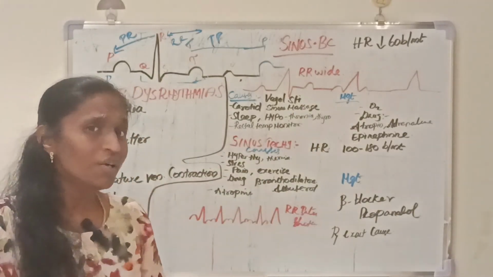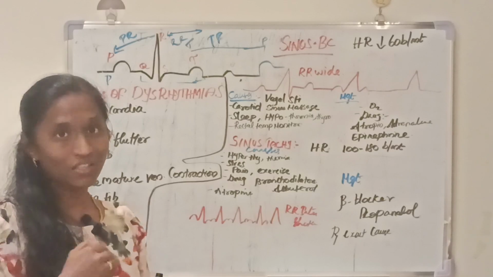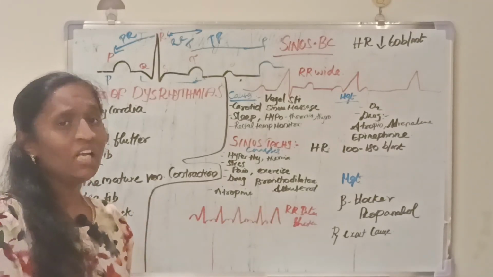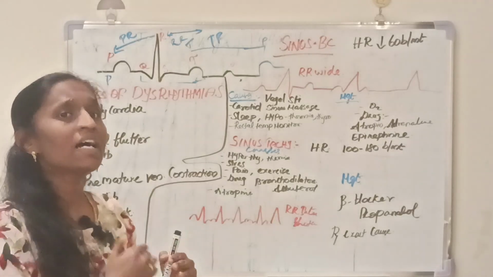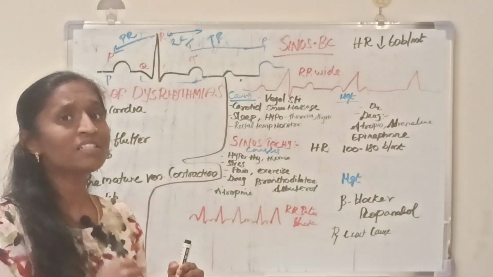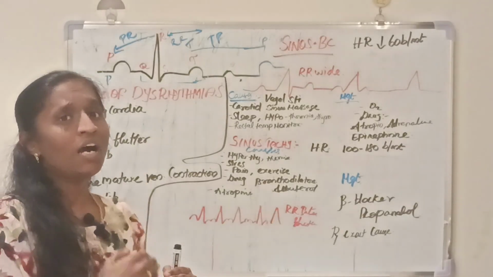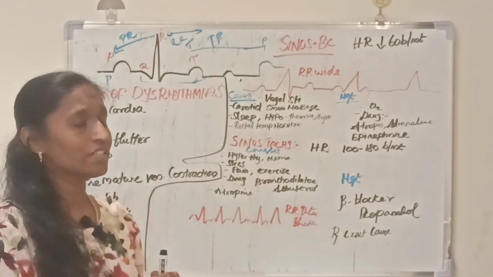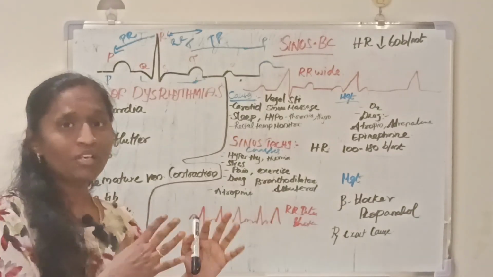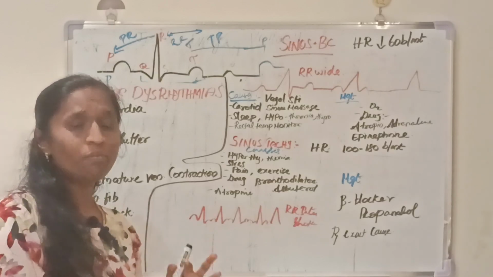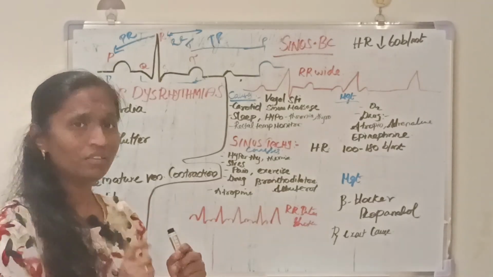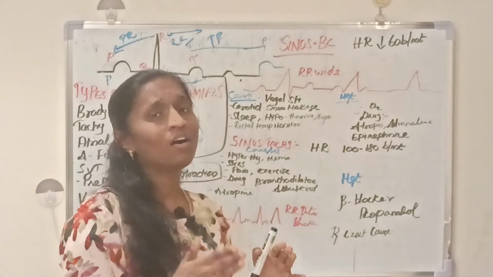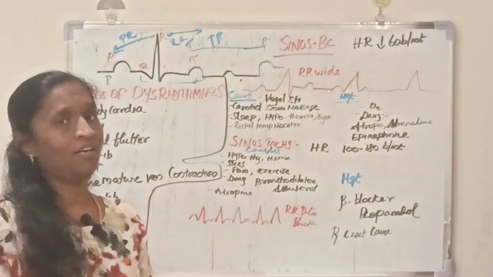As we have seen earlier, when the RR interval is high, the heart rate decreases; when the RR interval is low, the heart rate increases. Here the P wave and the QRS complex and everything is the same, but the one variation is the widened RR interval.